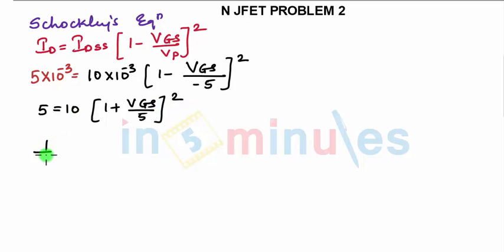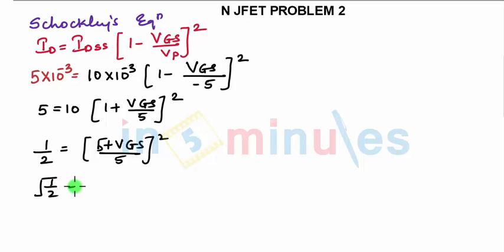So this will be half equals (5 plus VGS by 5) the whole square. So under root 1 by 2 equals, or if you are expanding this then also it is fine, (5 plus VGS) by 5.